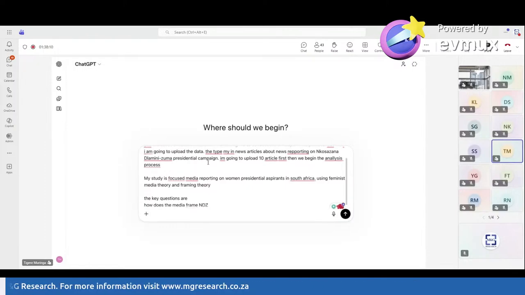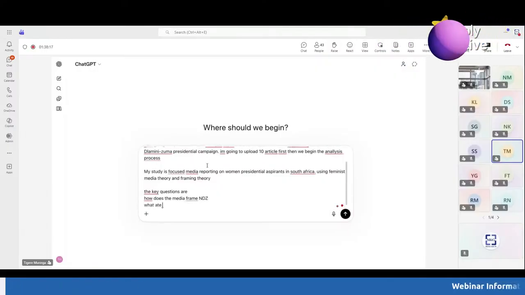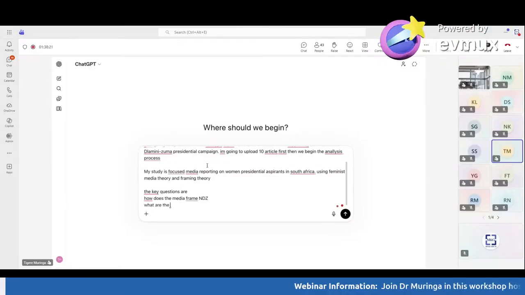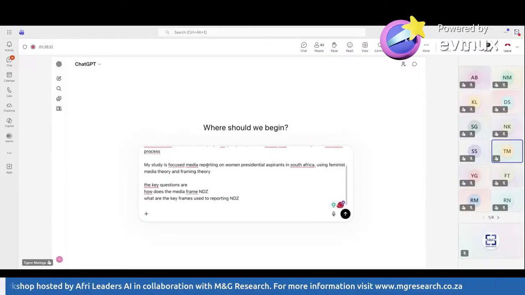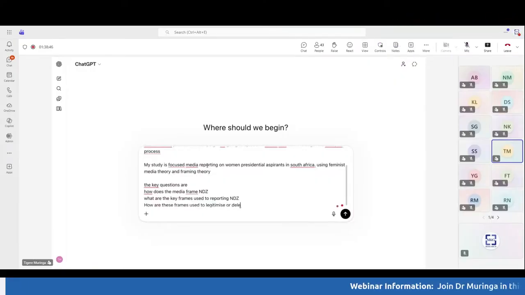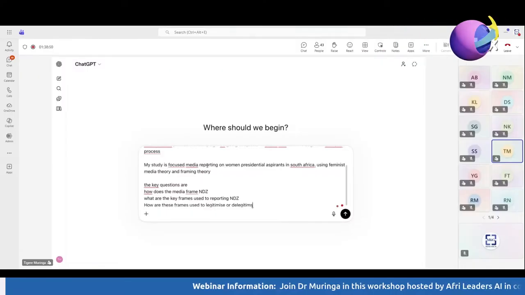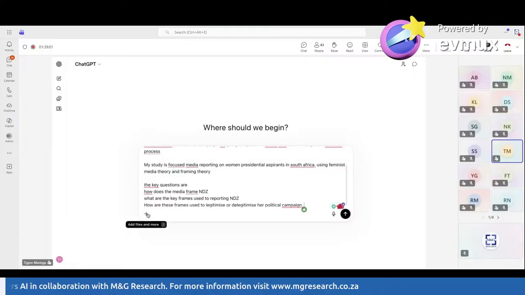And the second one is, what are the common key frames used to report on NDZ, and how are these frames used to legitimize or delegitimize her political campaign? So we have given it some parameters.